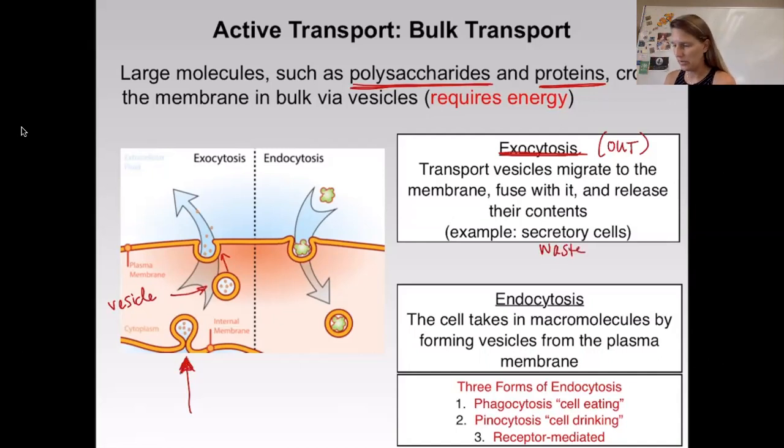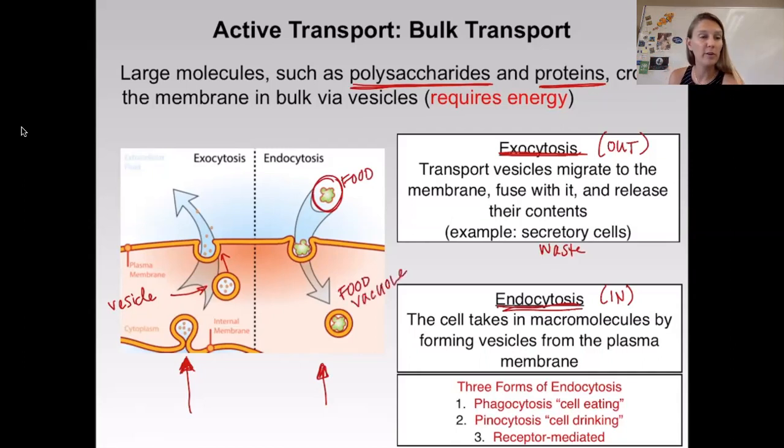For endocytosis, this is in, right? This is to bring molecules in. So for example, nutrients or food for the cell. So we have this big chunk of, let's pretend it's food. The cell membrane will kind of wrap around it to form a food vacuole, right?